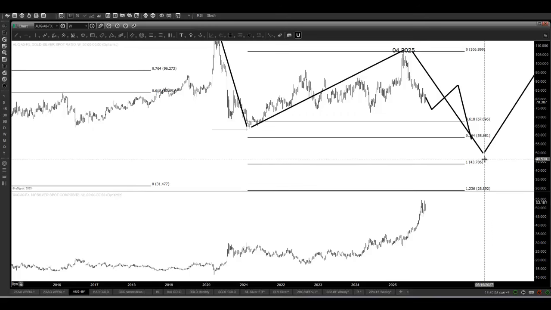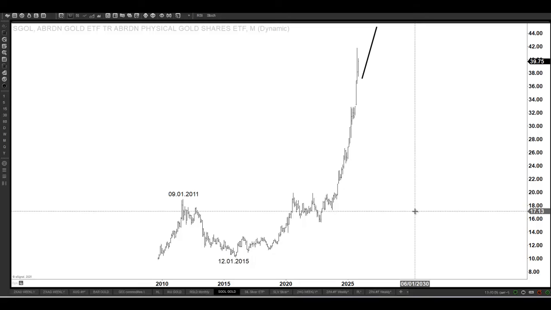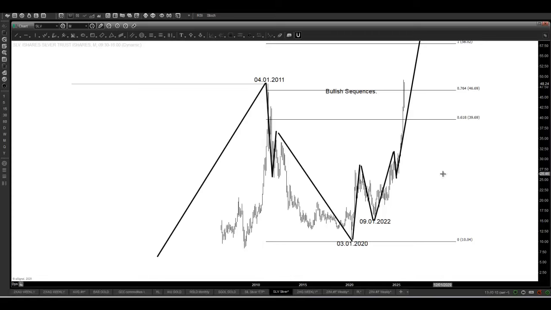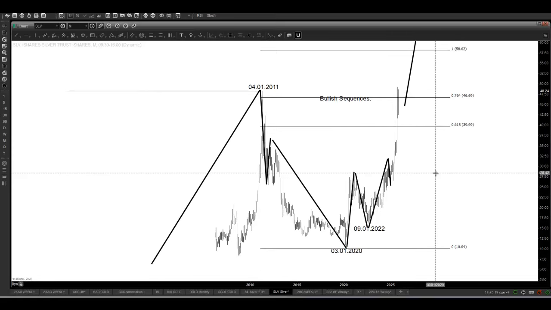And that's why you guys can see here that silver, or the silver ETF, is entering the wave 3 of 3. The silver ETF is entering the wave 3 of 3.